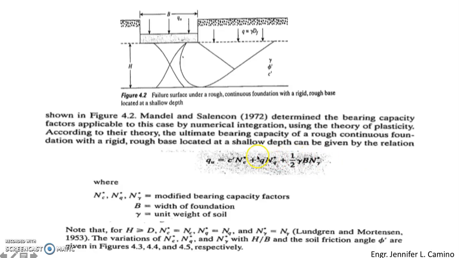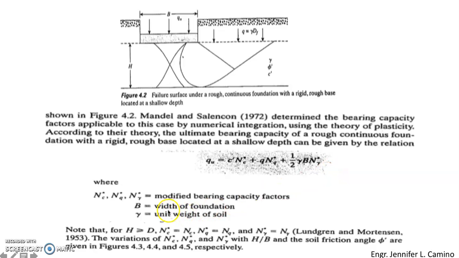According to the theory, the ultimate bearing capacity for a rough continuous foundation with a rigid rough base located at a shallow depth can be given with this relationship: q_u = c N_c* + q N_q* + 1/2 γ B N_γ*. And of course, these with the asterisk are the modified bearing capacity factors.